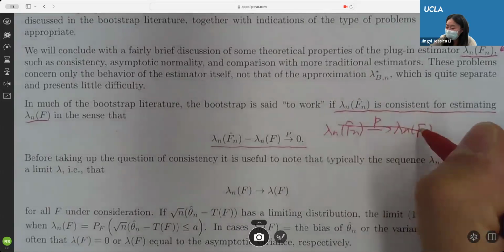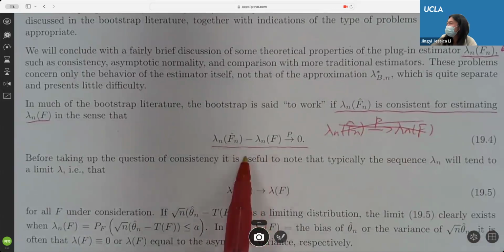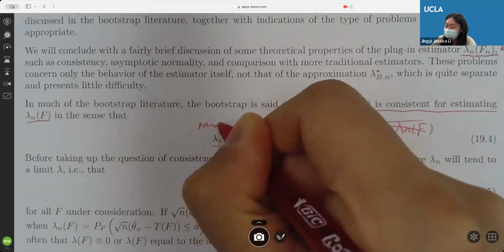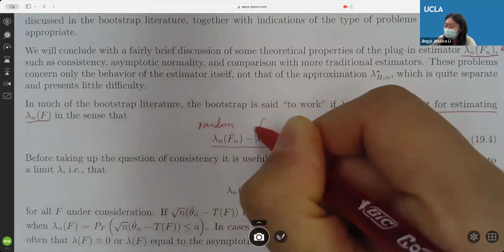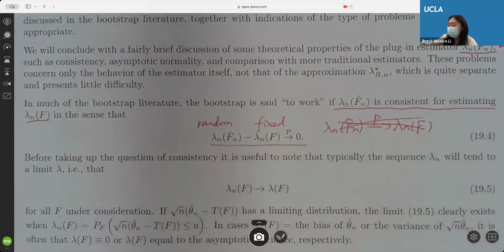Okay. Second of all, in these two terms in the difference, which one is random? Left one. This one is random. I want to emphasize the importance of understanding randomness. This is fixed, right? It's a performance measure of an estimator; even though the estimator is random, the measure is fixed, like bias and variance are fixed.